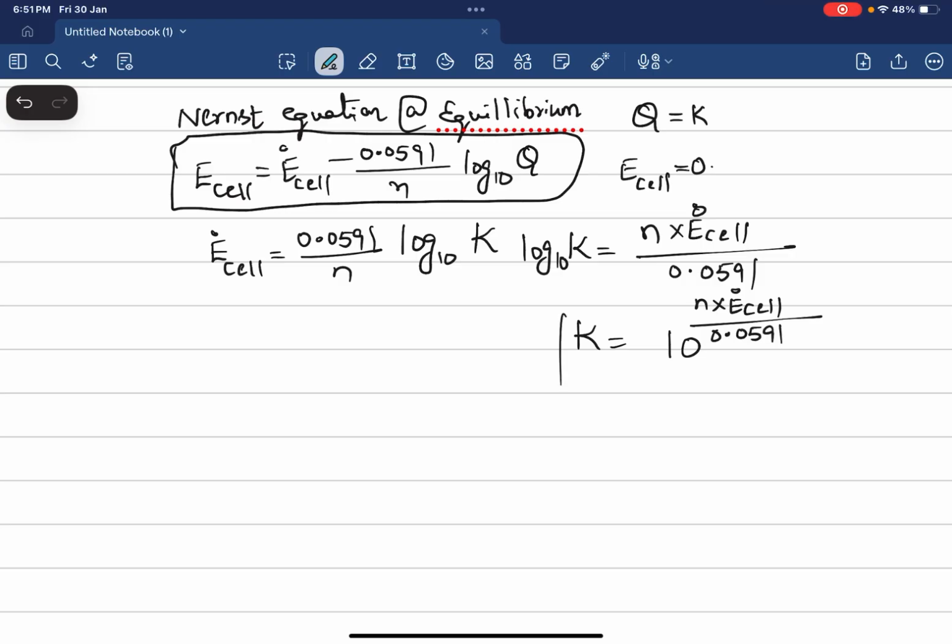That's how we can get the K value. Mostly they ask K in the question.